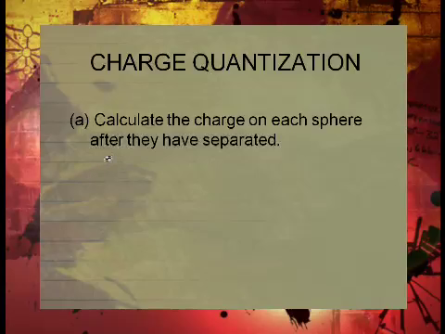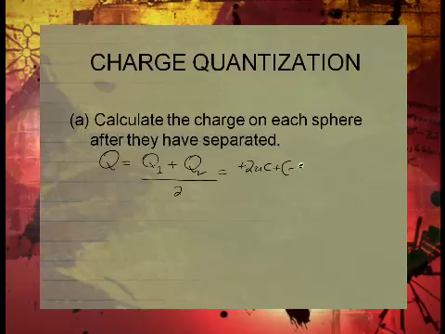Now look, from the previous lesson we know that the resulting charge on each sphere will be given by the charge on sphere 1 plus the charge on sphere 2, divided by 2 because there were 2. Then we'll say we've got plus 2 microcoulombs plus minus 6 microcoulombs. You divide that by 2.